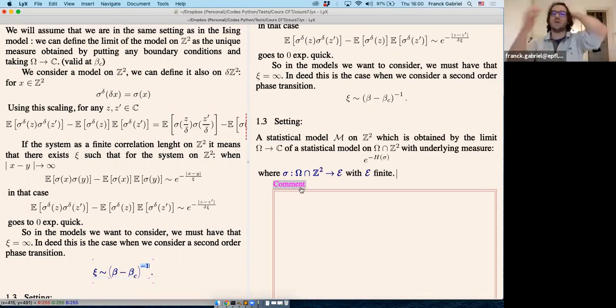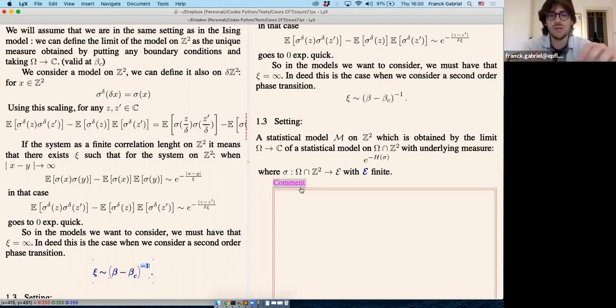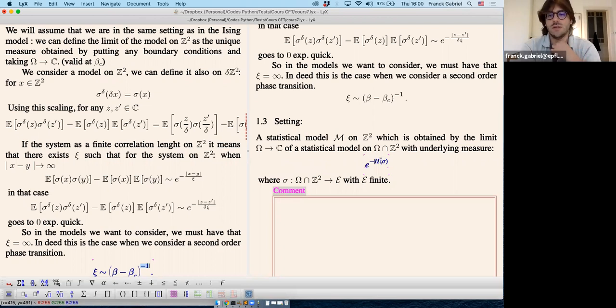So it's really the generalization of the Ising model. I have sigma, which takes finite value at any point of my grid, and I assume that I have some parameters inside the H that I'm not going to make explicit, and I can really tweak the parameters so that I am exactly at the phase transition of the system.